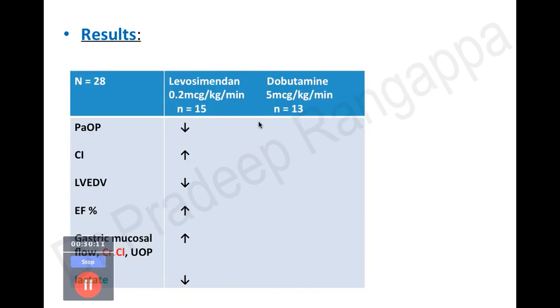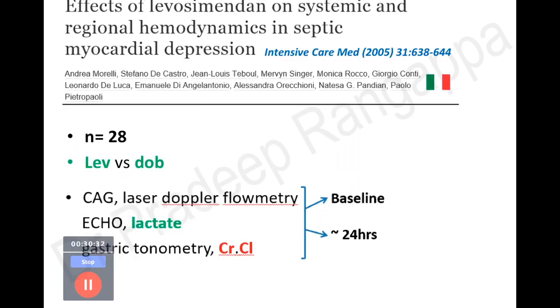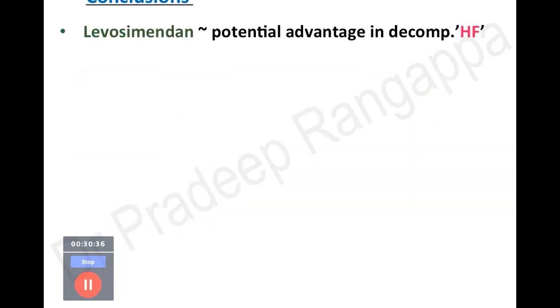And they found that in patients with septic myocardial depression, levosimendan when compared to dobutamine had a better ability to reduce the wedge pressure, improve the cardiac index, reduce the left ventricular end diastolic volume, improve the LV ejection fraction, improve the urine output, and reduction in lactate was better than in dobutamine group. So again, in septic myocardial depression, this Italian study showed more benefit with the levosimendan as compared to dobutamine.